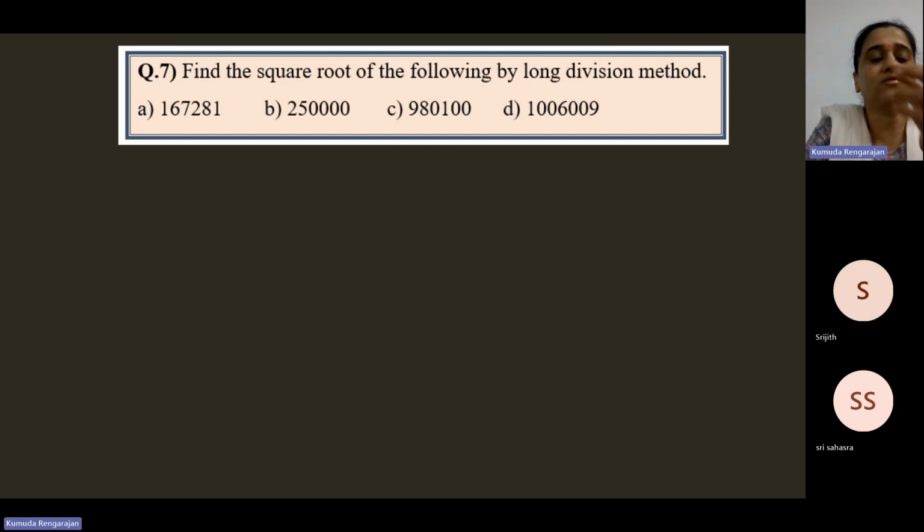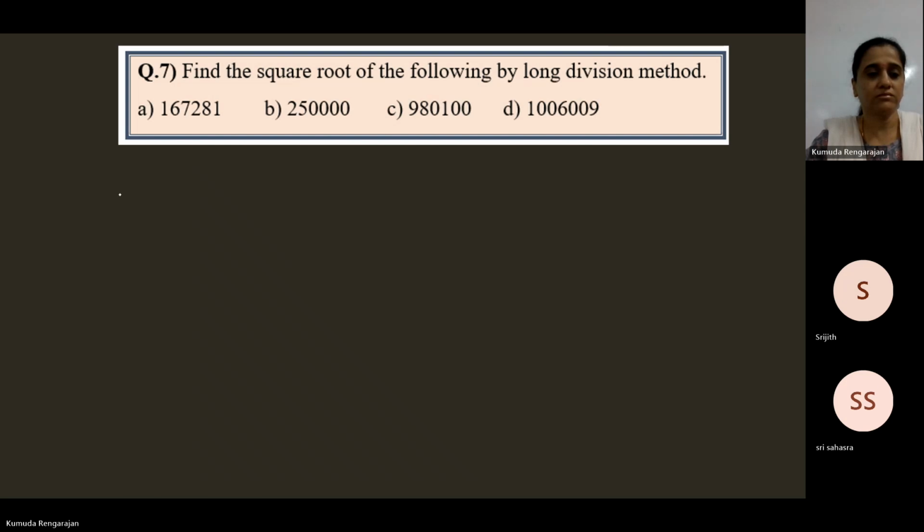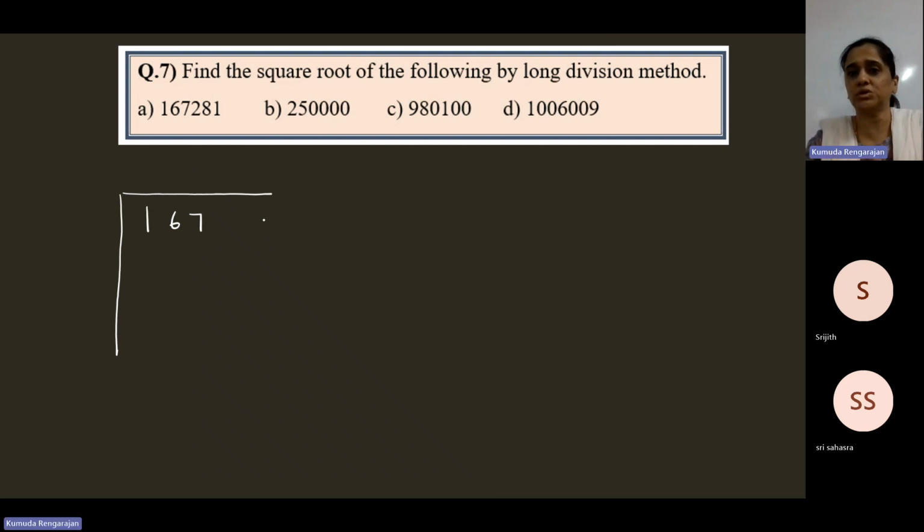So find the square root of 1,67,281 using the long division method. You don't take down all the 4 questions. Write the heading. Write down only the number in A. Work that and then B. Don't take down all the numbers A, B, C, D.